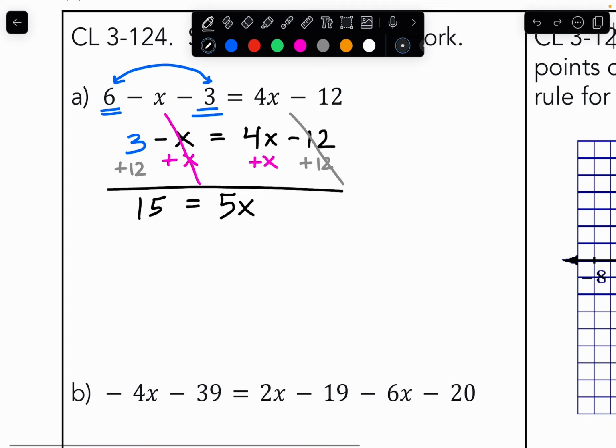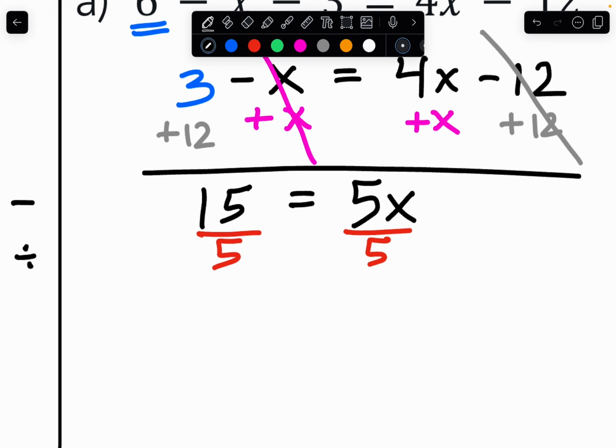Okay, so next step, of course, we need to do the inverse operations to get x by itself. Opposite or inverse of add is subtract. Opposite of multiply is, what is it? Yeah, divide. And I'm not going to use an x anymore for multiply. I'm going to use a dot for multiply and a division sign because those are opposites. So since I have 5 times x, I'm going to do the inverse of multiply by 5, and I'm going to divide by 5.